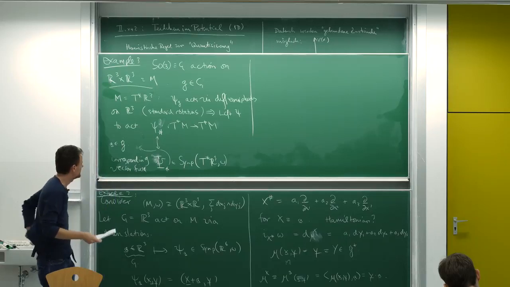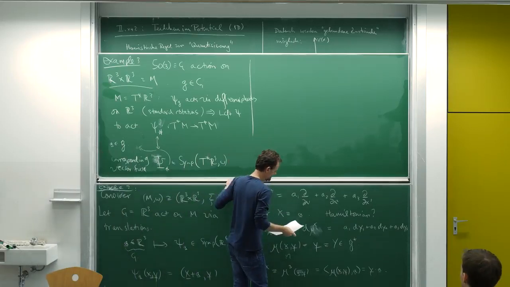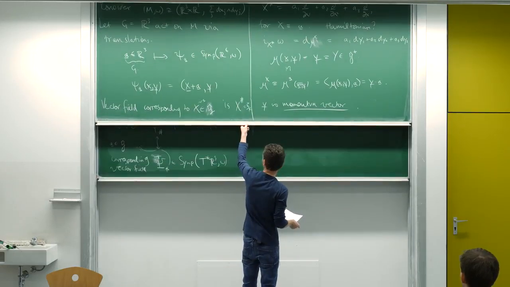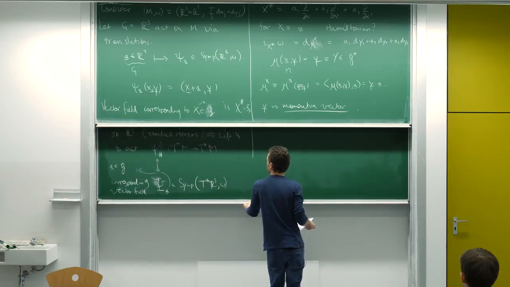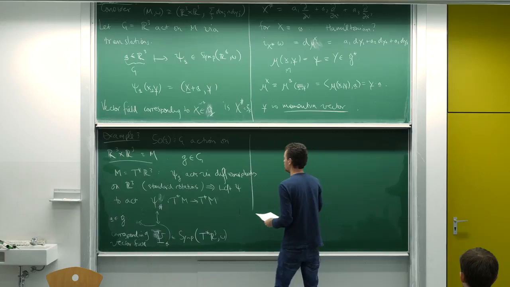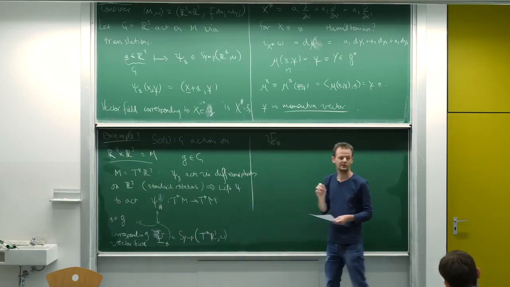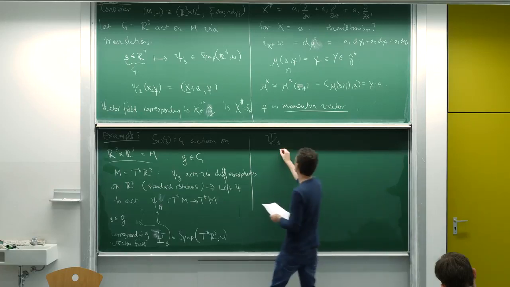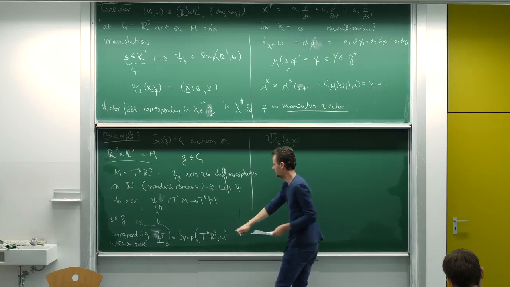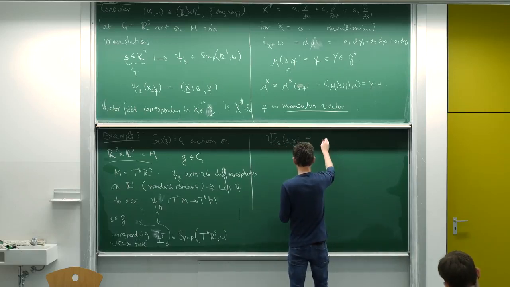So it means it's a vector field. And that vector field, which depends on the element of the Lie algebra, when you evaluate it at some point in this manifold, has the following formula. This is an exercise.